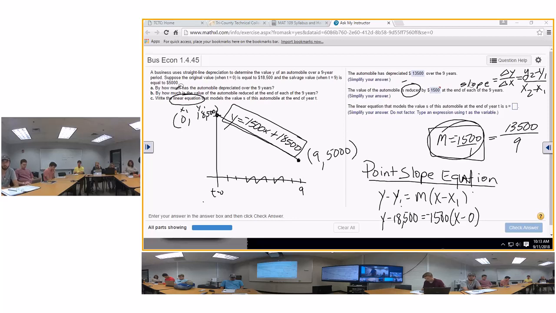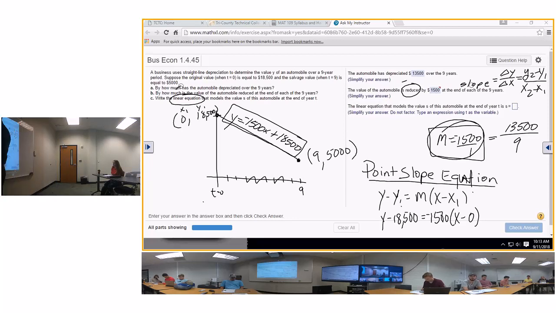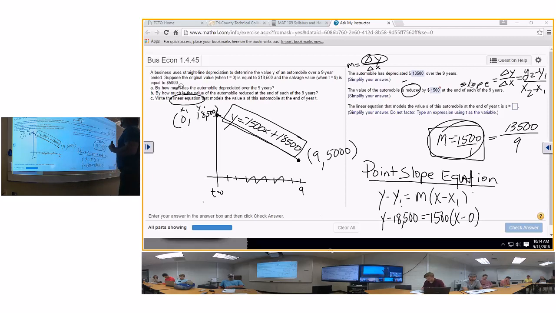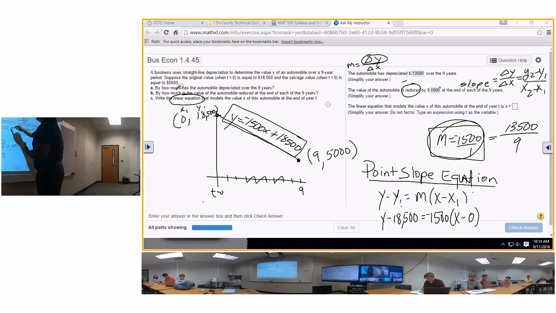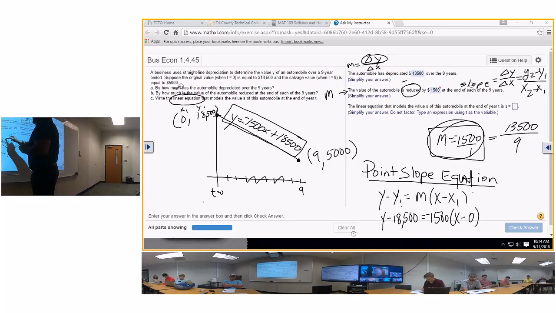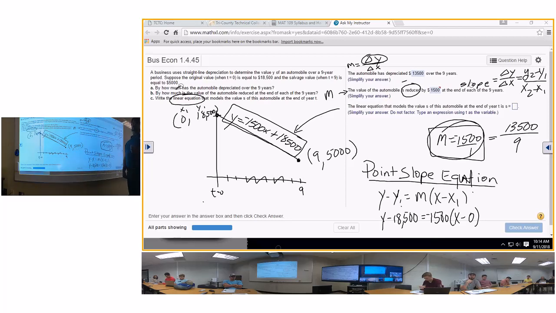So, in this question, the automobile has depreciated. This is your change in y, which is your numerator for your slope, change in x. So they're asking you for this right here, the change in y. The second part of the question is asking for the slope, basically. The third part is asking for the equation.